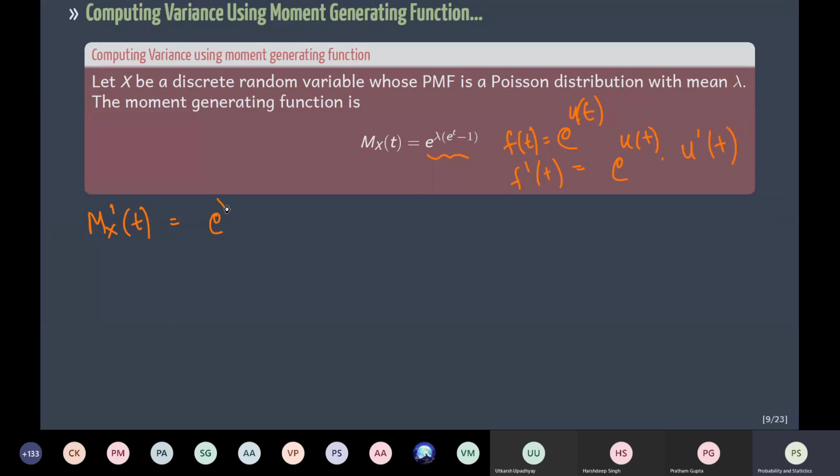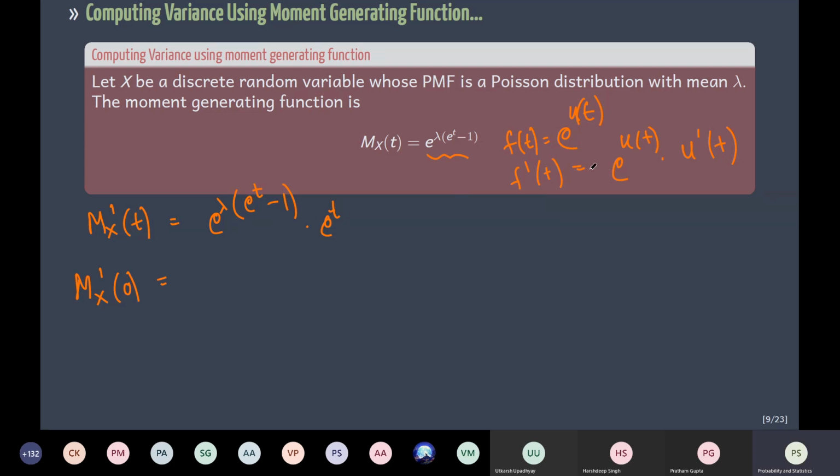So we get e to the lambda (e^t minus 1) times, if I differentiate this, which is u, the t here. If I evaluate this at 0, then what do I get? Oh, okay.